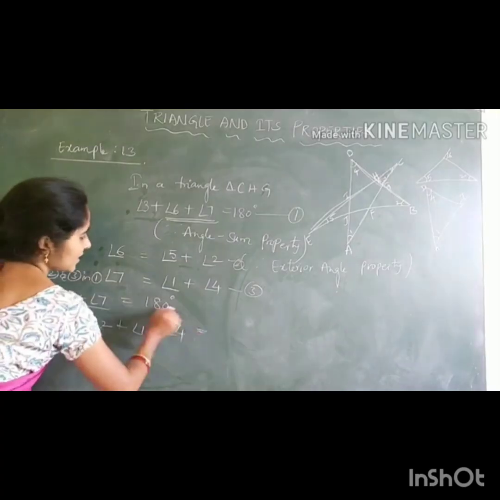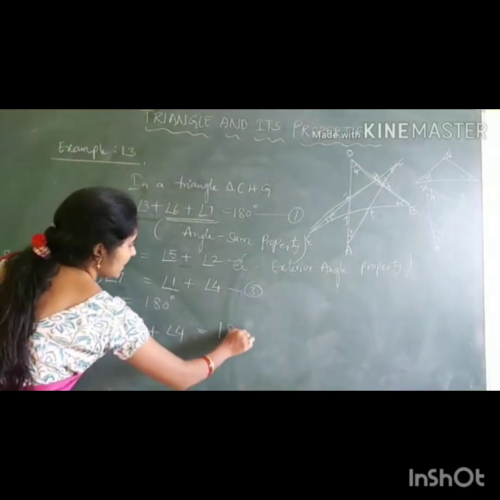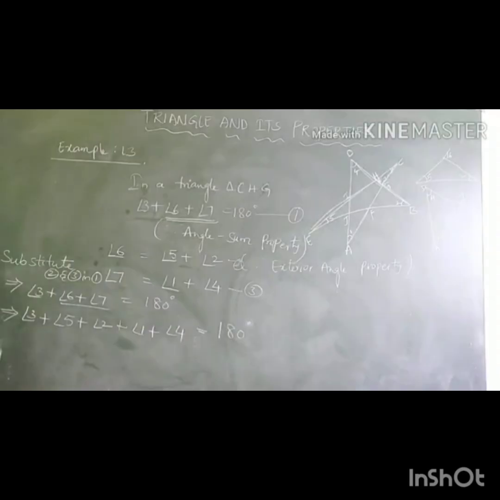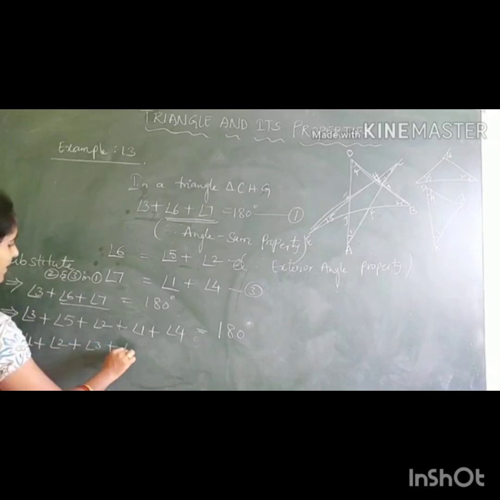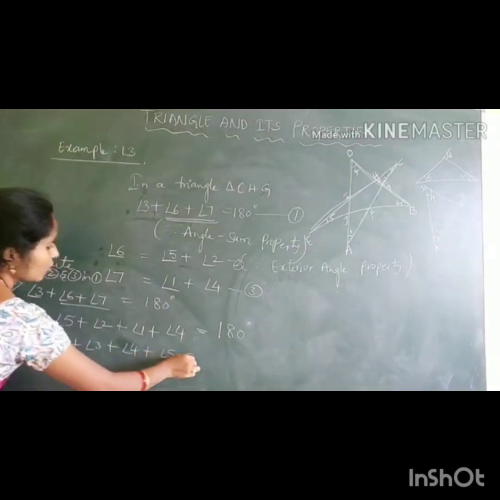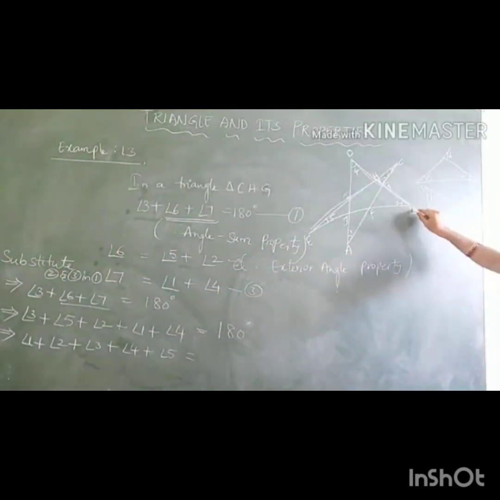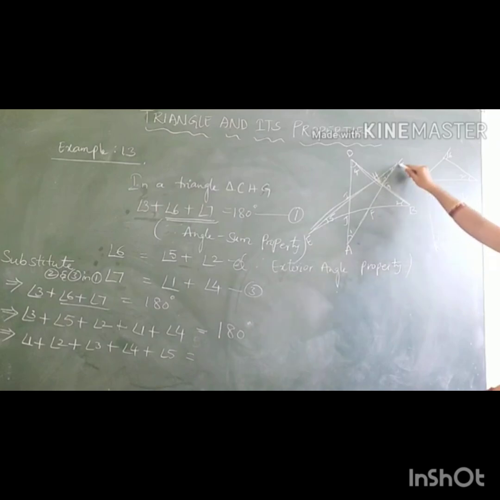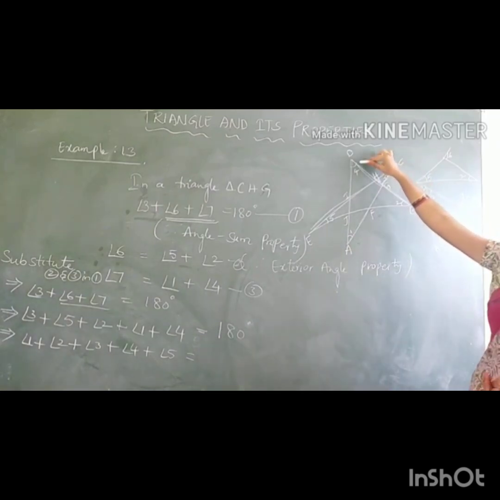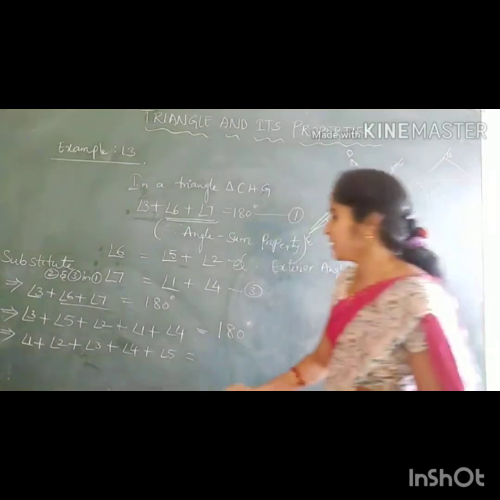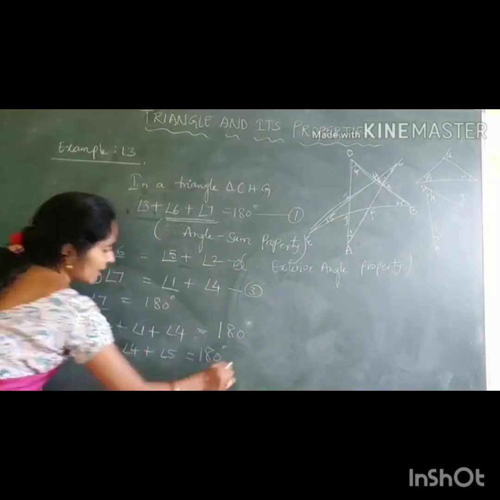Now, what is there on the right hand side? 180 degrees. What angles are there? Angle 1 plus angle 2 plus angle 3 plus angle 4 plus angle 5. Total 5 angles: angle 1 at A, angle 2 at B, angle 3 at C, angle 4 at D, angle 5 at E. So the sum of all angles in that star is 180 degrees.